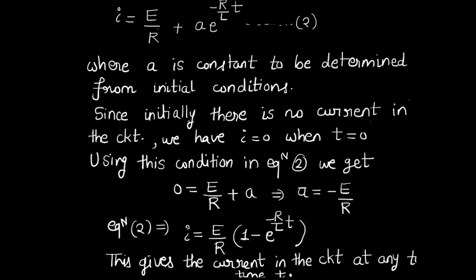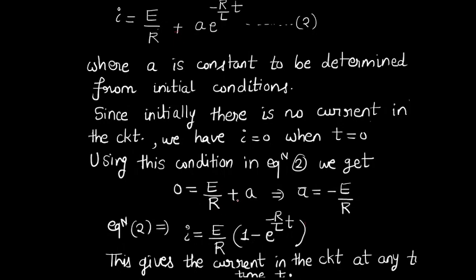Since initially there is no current in the circuit, we have I equal to 0 when t is equal to 0. Using this condition in equation 2, what do we get? Put I as 0 and t also 0. E raised to the power 0 is 1, so we have A only.